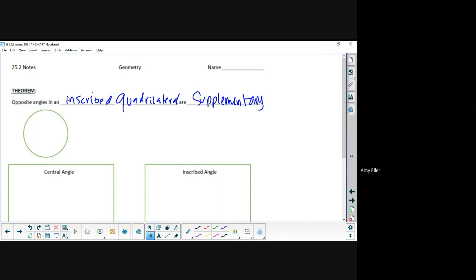The easiest way to draw a quadrilateral, a four-sided figure in a circle, is to start with 4 points. Anywhere you want. They can be next to each other, equally spaced, unequally spaced. I don't care. Draw 4 points somewhere. And then connect 1 point to the next point.